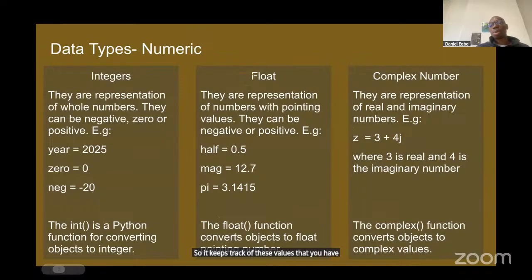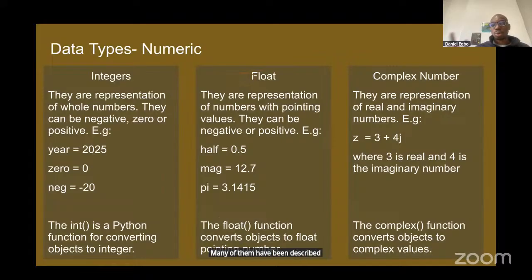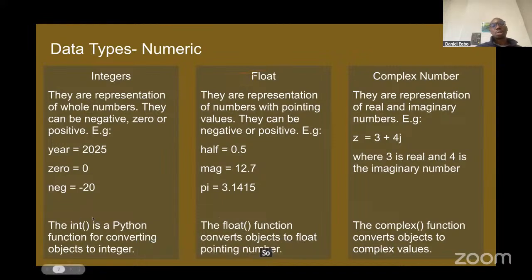So when I was talking about variables, I know I wasn't exhaustive. There are ways for writing or defining a variable. Many of them have been described in the notebook. I think when we go over to the notebook, we'll touch a bit on that. So there are built-in Python functions for converting a value to an integer.